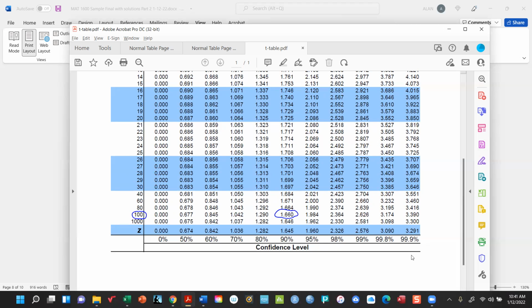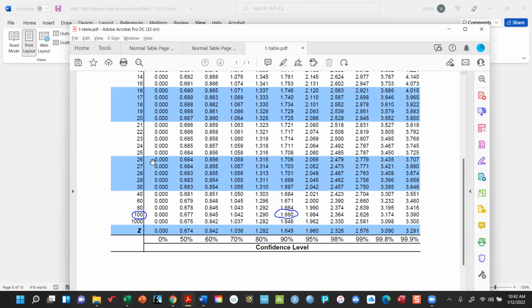Here's how close it is. With 99 degrees of freedom, instead of what you see there, it's 1.6604. So that tells me that we don't have to worry about it. So go ahead and use the 100, even though it's technically 99.